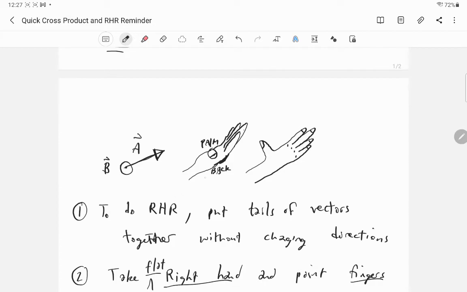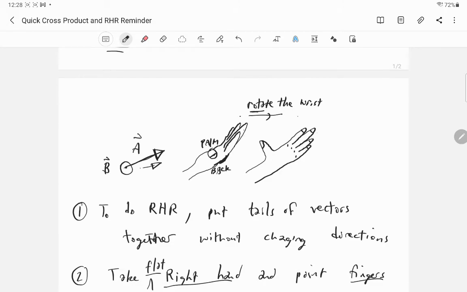So the right hand. But can you see that in order to go from this picture to this picture, you rotate the wrist? But can you see that the fingers still point in the direction of A, which is up towards the right? You can see the fingers are pointing up towards the right.